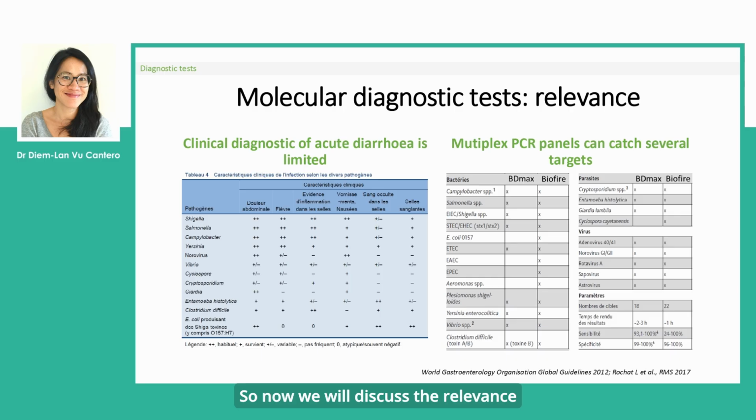So now we will discuss the relevance of molecular diagnostic tests. As we have just seen, acute diarrhea can be caused by several pathogens, and the clinical presentation and evaluation cannot reliably distinguish between these pathogens.